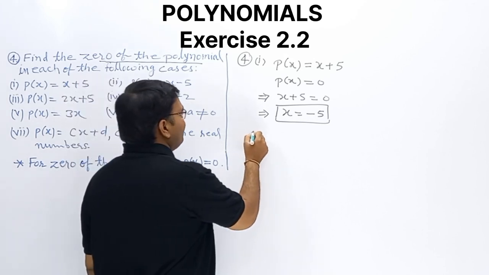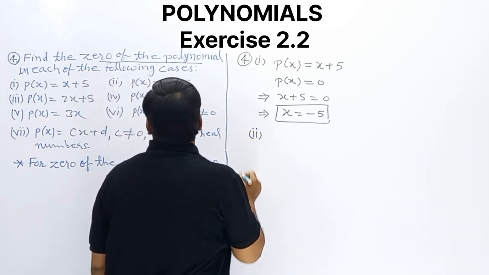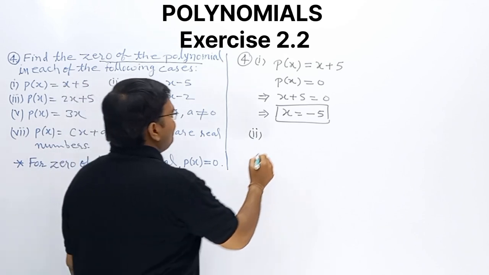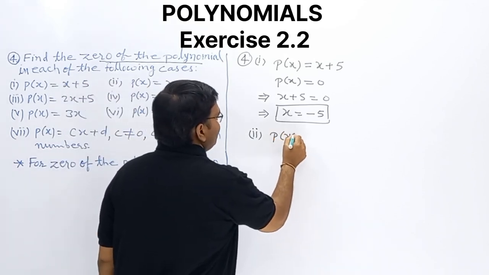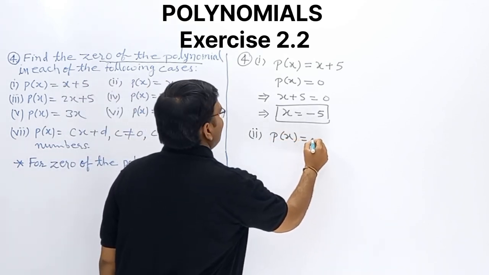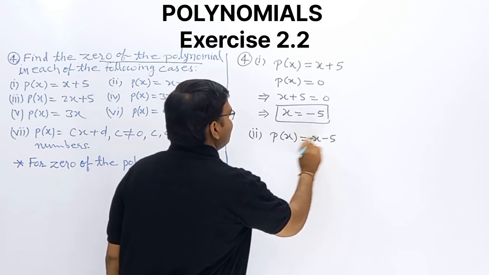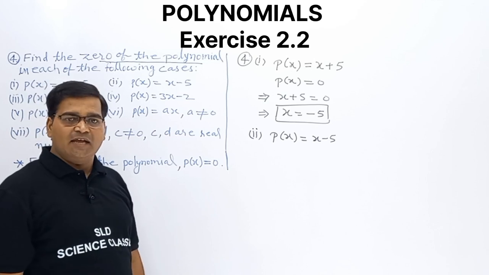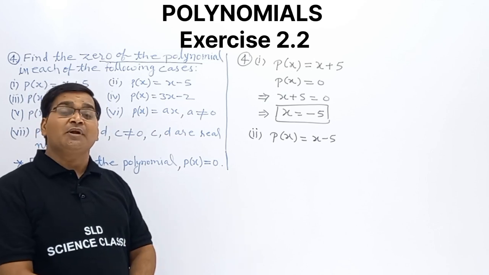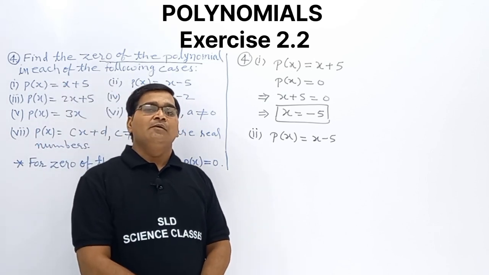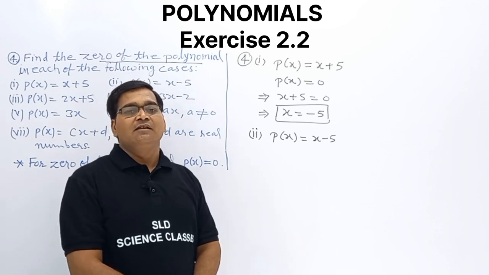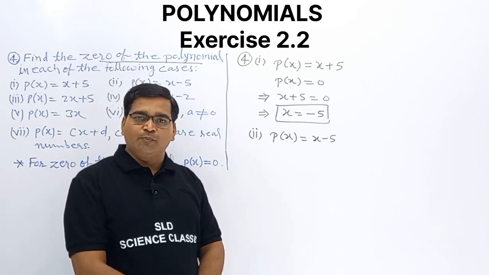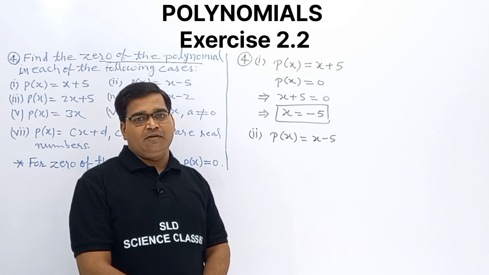Now I am taking the second one. What is the question? P of x equal to x minus 5. This is one polynomial. What sort of polynomial is it? We studied different types of polynomials: linear polynomial, quadratic polynomial, cubic polynomial.